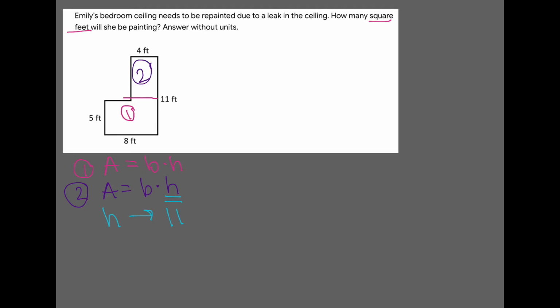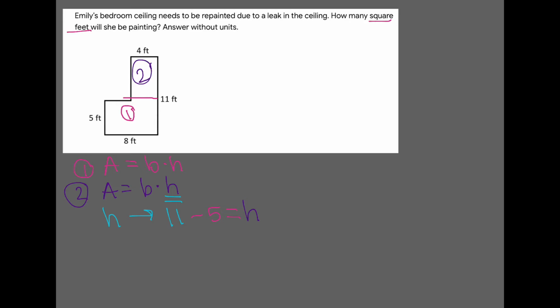And the height of shape 1 is 5. So 11 minus 5 is going to give you the height of shape 2.